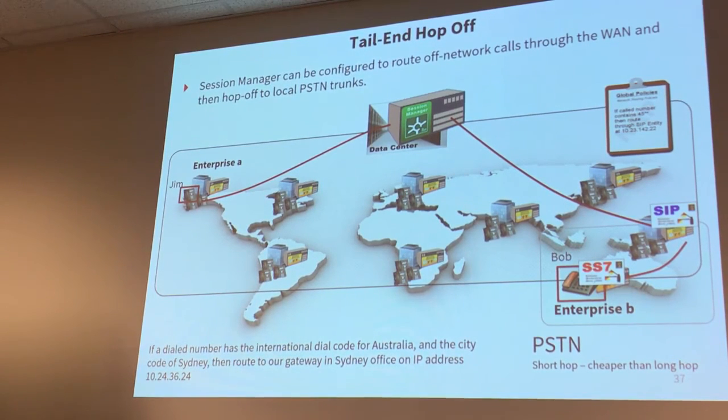So like in the old system, or CM for example, if you had an office in New York and an office in Beijing and you wanted to make a long distance call to Shanghai, you could in CM create some sort of alternate routing, AAR, to send a call to your Shanghai office, and then Shanghai sees it coming in on a particular trunk and sends it out through their local trunk.